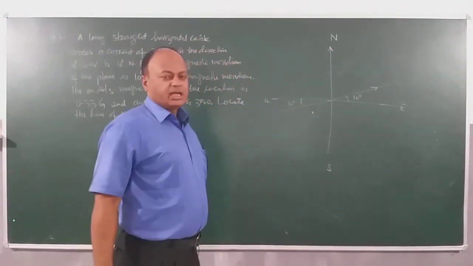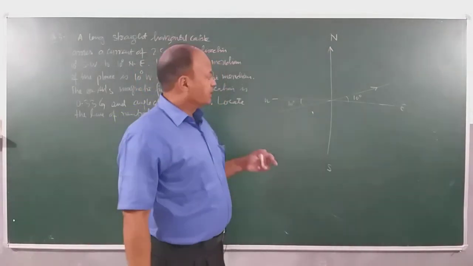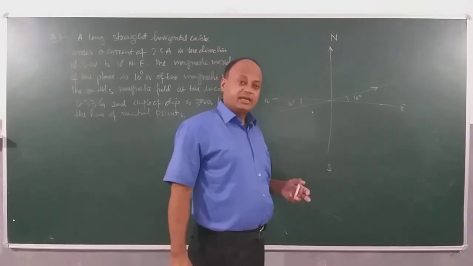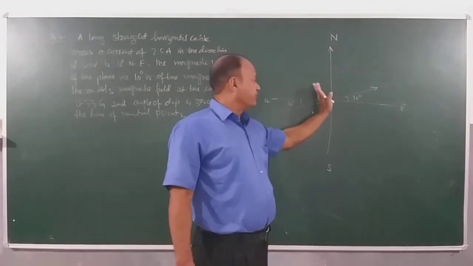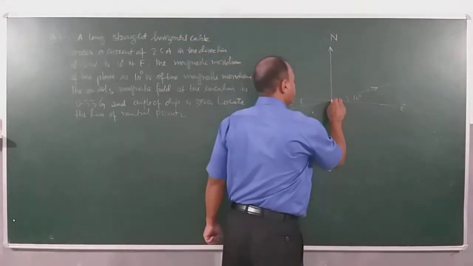And then they are saying the magnetic meridian happens to be oriented at 10 degrees west of north. So this is the magnetic meridian.